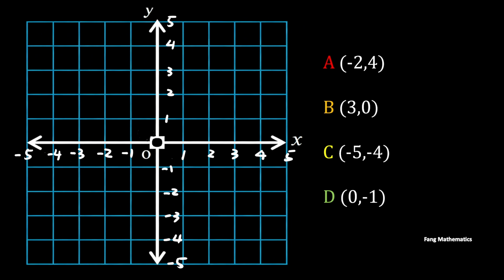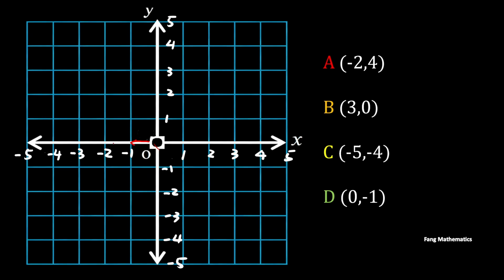Moving on, we are to determine 4 points and plot them on the Cartesian plane. Looking at letter A, we have (-2, 4). This -2 tells us we move -2 units in the x-axis direction. Why do we have a -2? Because you are moving towards the negative numbers along the x-axis. So first, you look at your origin, and you move towards the negative numbers.